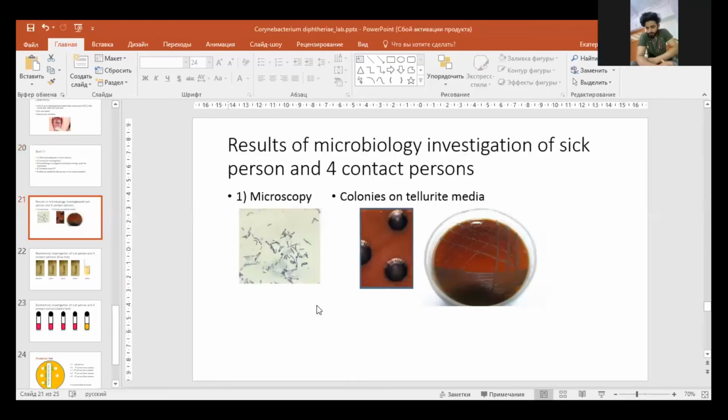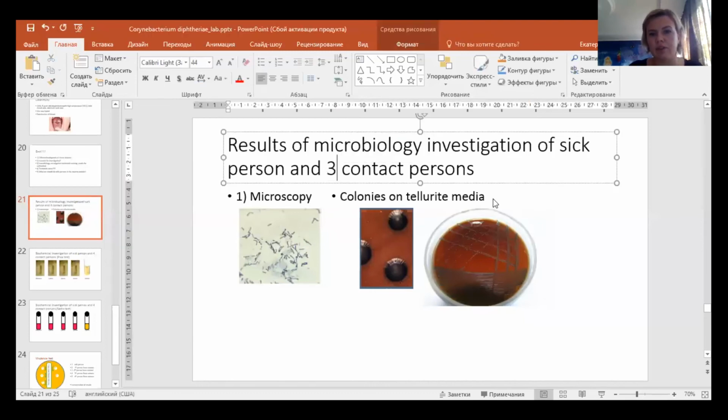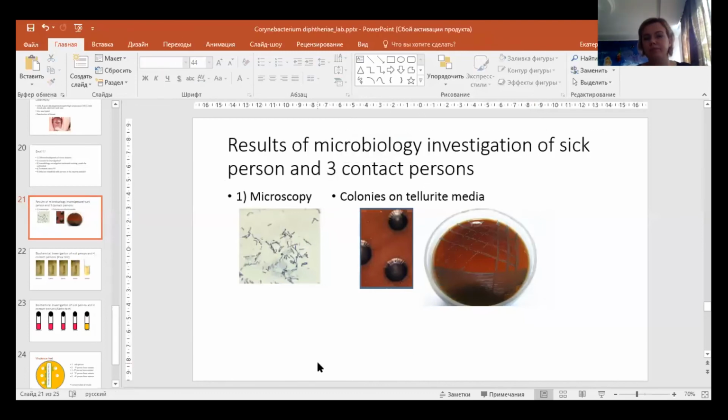You will see the microscopy result and the result on the blood tellurite media. What can you tell about these three contact persons? What can you tell from the microscopy result?